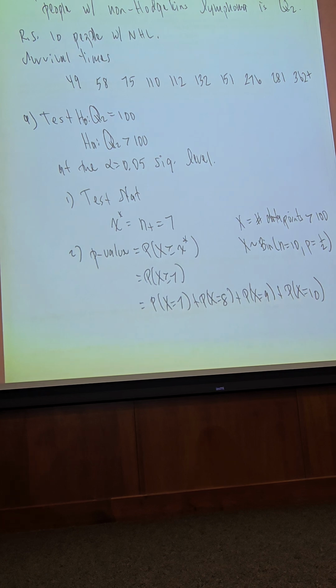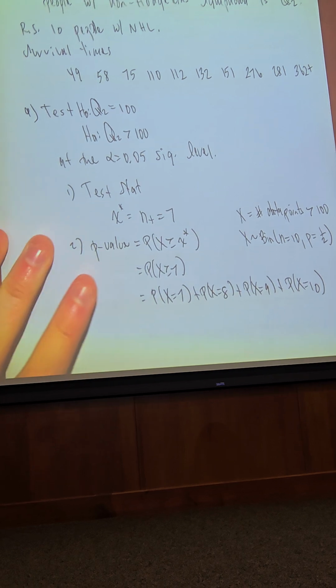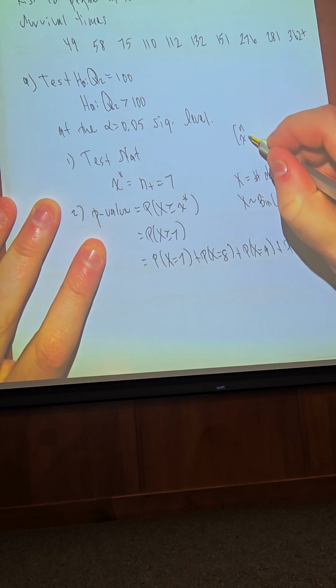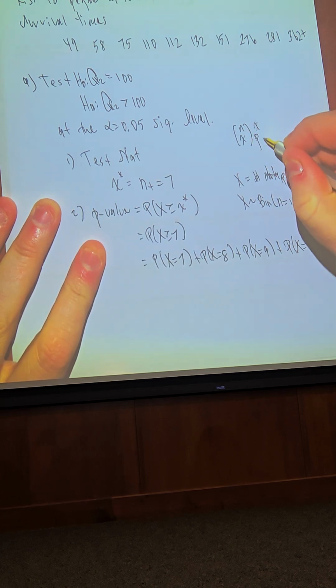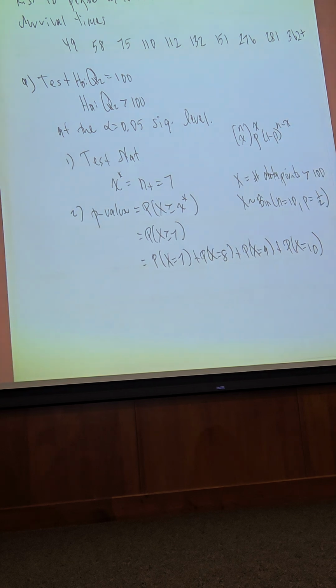Now this is really stretching your brain. Do you remember how to find a binomial probability? If you do, you're a budding statistician. It was n choose x times p to the x times 1 minus p to the n minus x power.